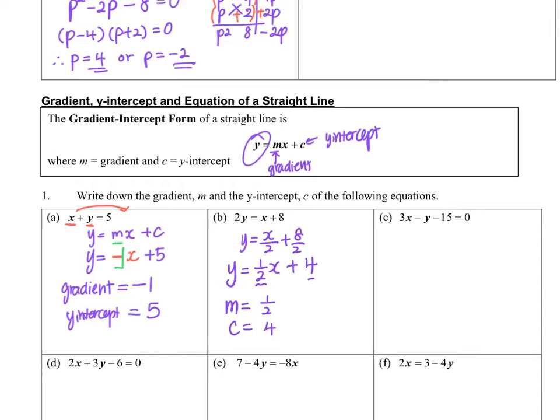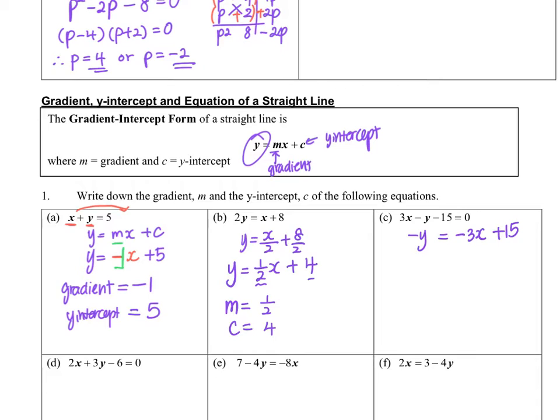Okay, next one, part C. Let's do one more before you do the rest on your own. Right, part C, down here we have 3x minus y minus 15. As usual, we're trying to make y our subject. So I should keep minus y, and I'll migrate 3x over to be negative 3x plus 15.